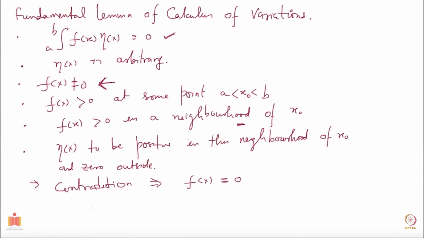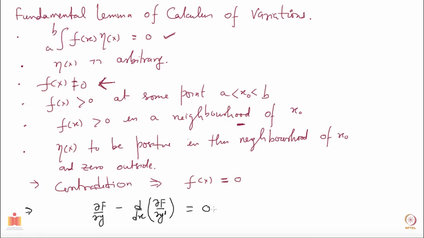So this implies that del f over del y minus d over dx del f over del y prime is equal to 0, meaning the function y should satisfy this equation for it to be an extremum, to provide an extremum of the integral. So that gamma will be obtained from this equation.